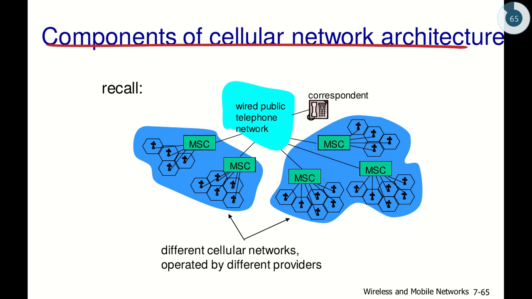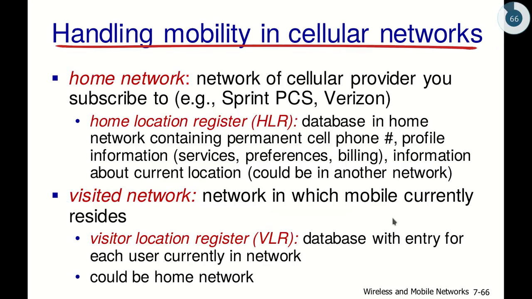Okay, now let's move on to cellular networks and recall the cellular network architecture. Let's say we have several MSCs and telco or network providers, and each MSC is responsible for several base stations. Now we will use the same terminologies we used in mobile IP and the principle of mobility before.